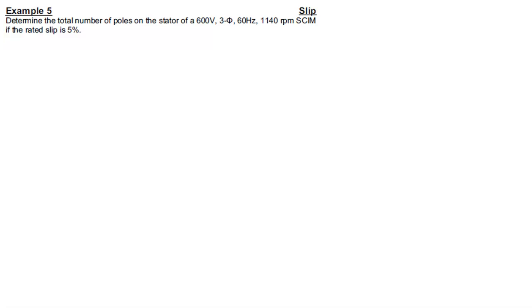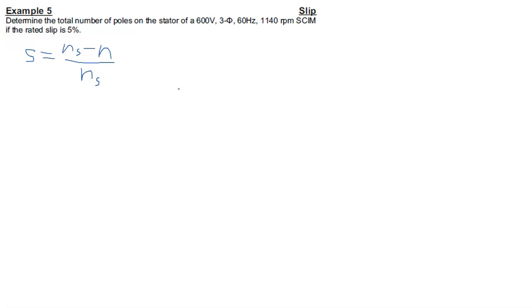So if we start thinking again about the slip equation, then slip is equal to ns minus n divided by ns. And of course, the poles don't come up in that equation, but they come up in the equation for ns.